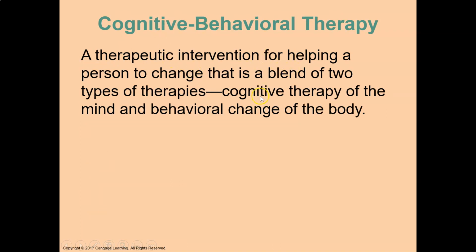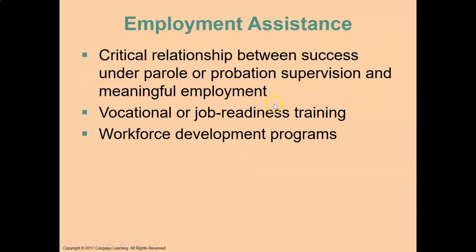So cognitive behavioral program, this is the therapeutic intervention for helping a person change that is a blend of cognitive therapy of the mind and behavioral change of the body. Employment assistance, it's very important. And this is one of the things that I really tried to focus on with my adult clients. Get a job, get a job.